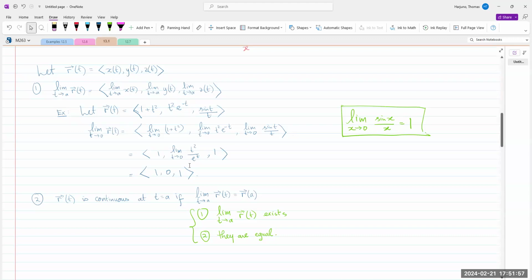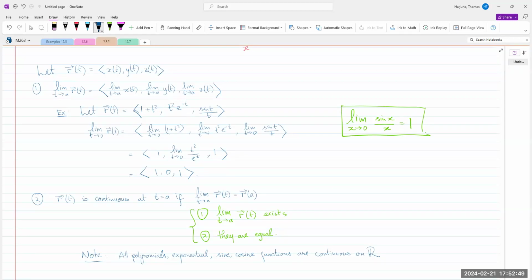We know from Calculus 1, and therefore we can carry that over here, all polynomials, exponentials, and then sine, cosine functions are continuous on all real numbers.